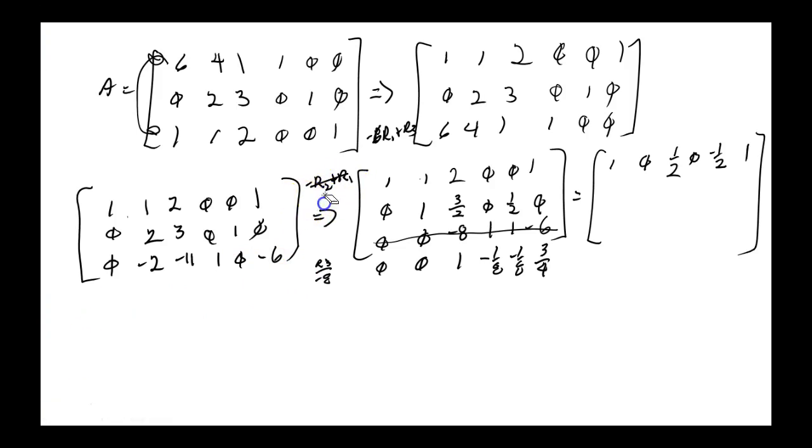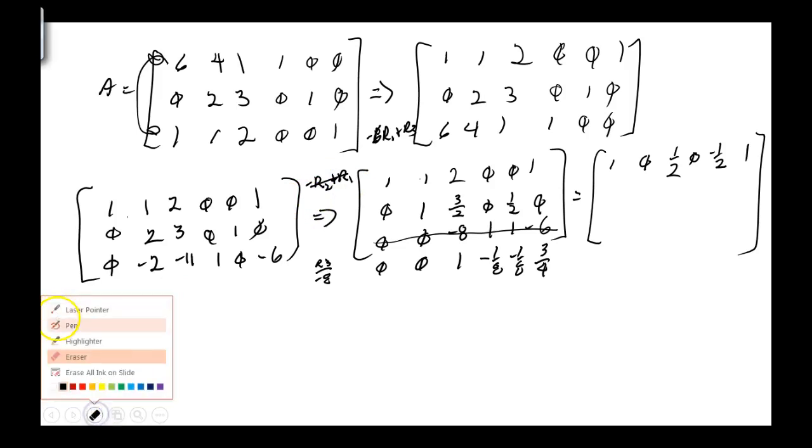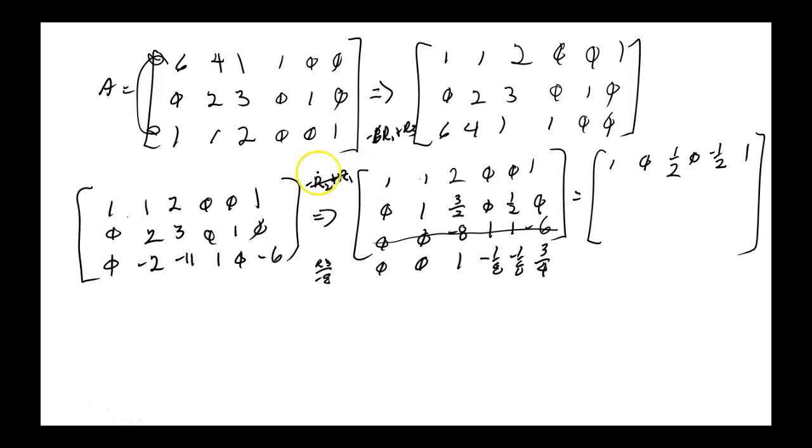I'm not going to get this done before the end of the period. Okay, let's try it one more time. Negative, because here's the new row 1, not this one, this row 1, okay? We'll do negative 1/2 row 3 plus row 1, and that'll be the new row 1.